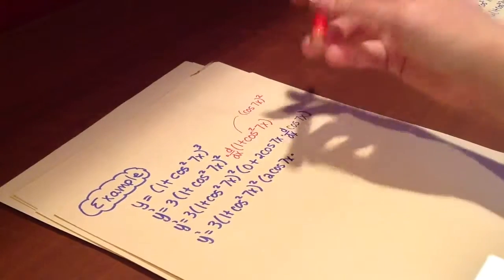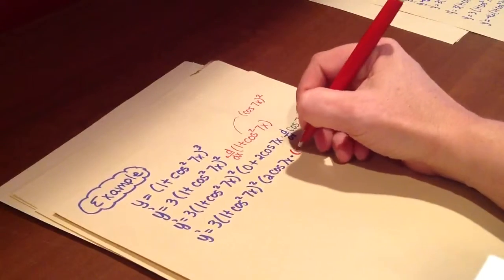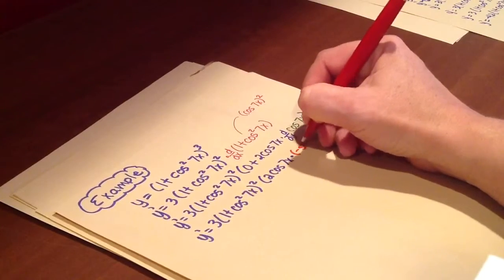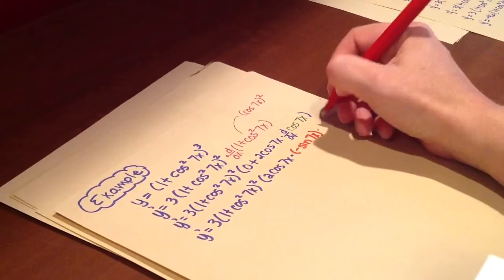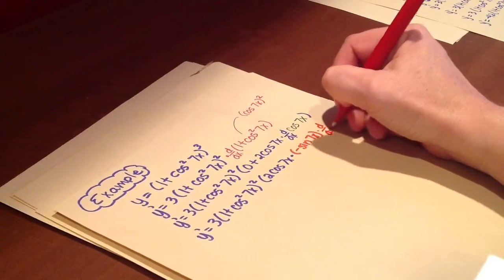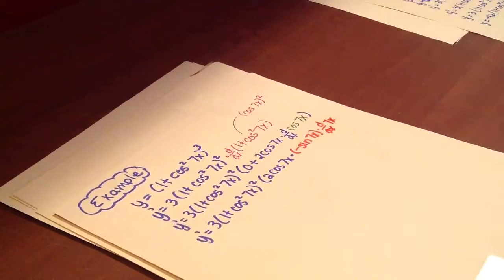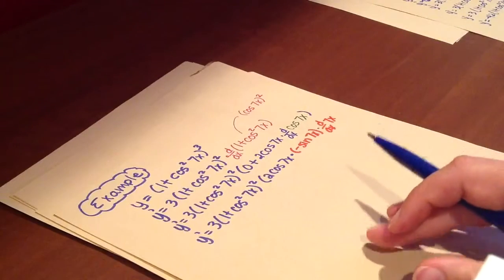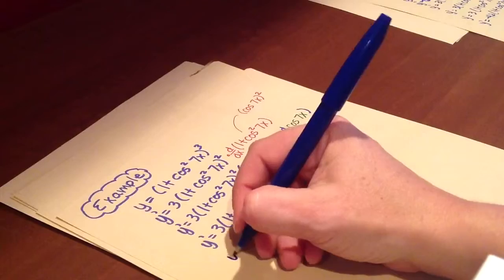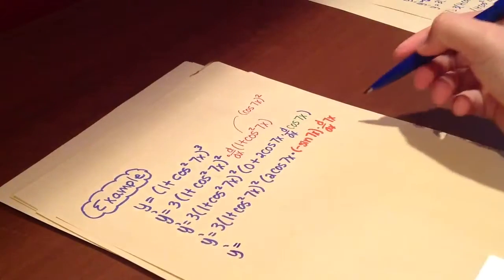The derivative of cosine is negative sine of 7x. But then I need to take the derivative of the inside again, so I need to take the derivative of 7x. And I believe we're done doing the chain rule within the chain rule now. So now we can clean it up, because I can take the derivative of 7x at the end.